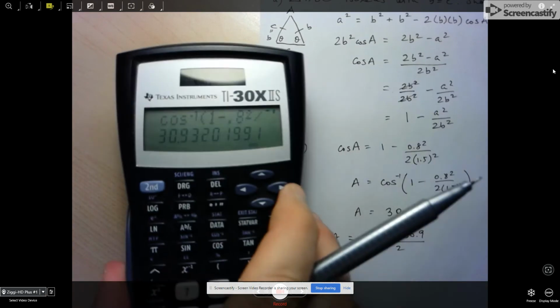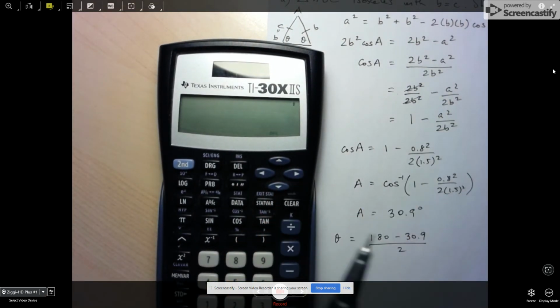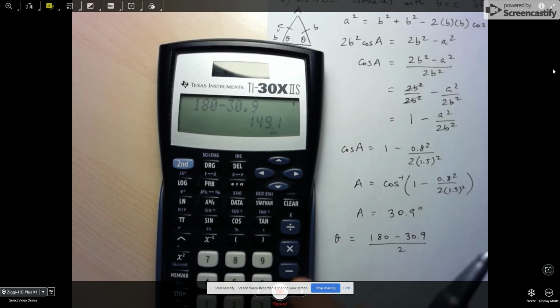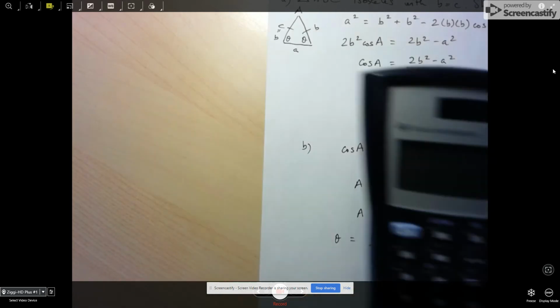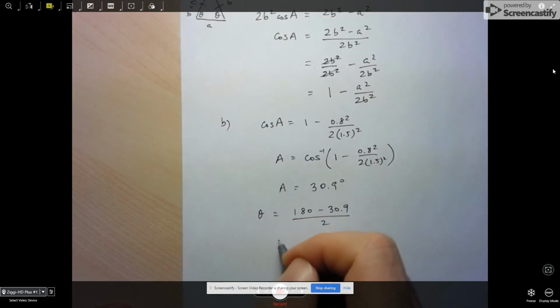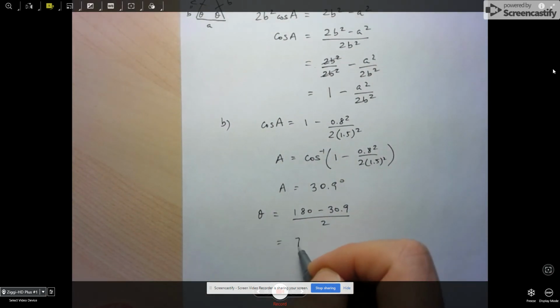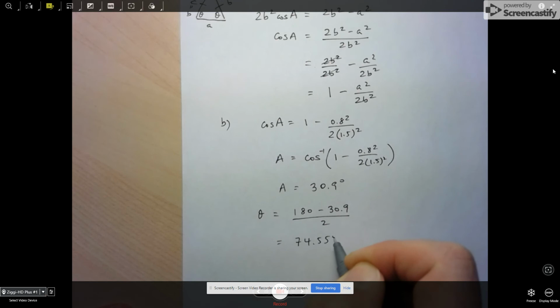So let's calculate that here. 180 minus 30.9 divided by 2, and we have 74.55. So the two thetas are equal to 74.55 degrees.